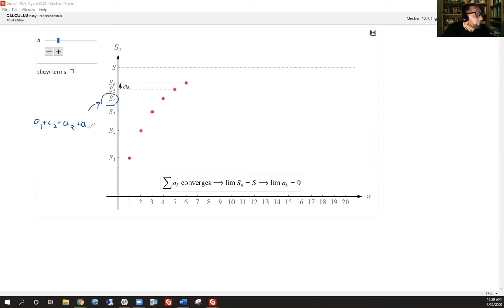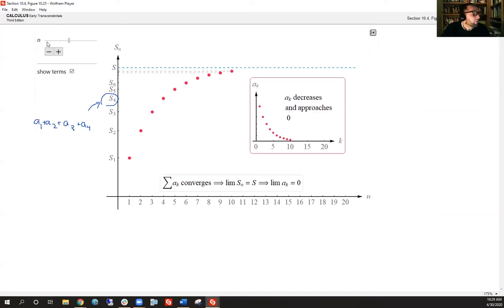So we have our partial sums, and notice that our partial sums are approaching some limit s. And so the limit of the partial sums is s. That's great. And so now let's look at the terms themselves.